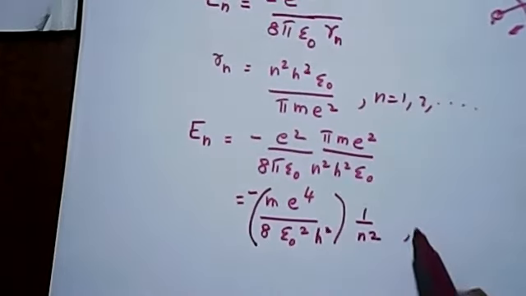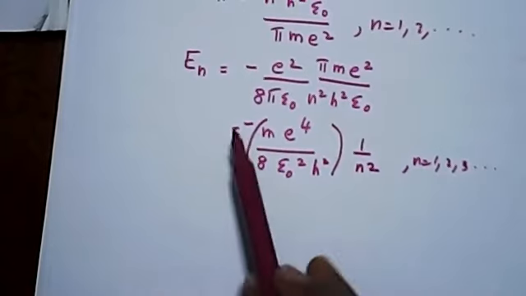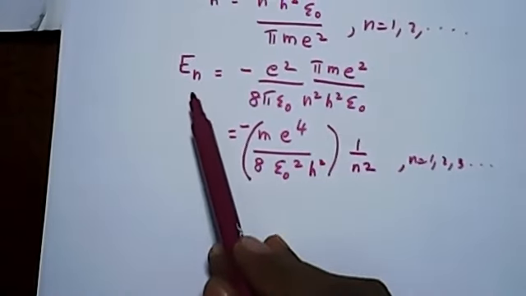Okay, where n equal to 1, 2, 3, etc. Okay, so this is the energy of the electron in the nth orbit.